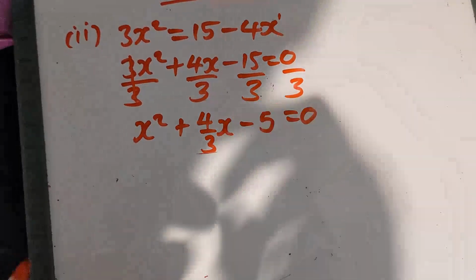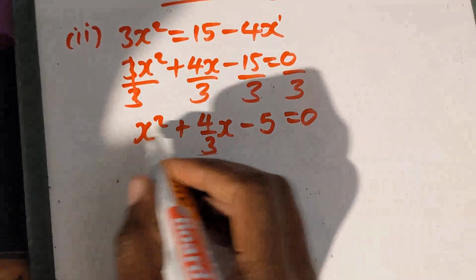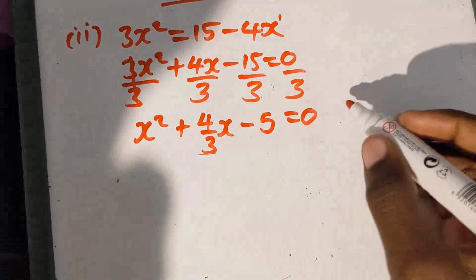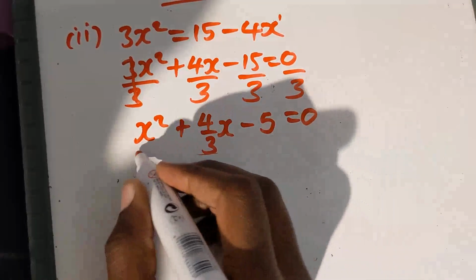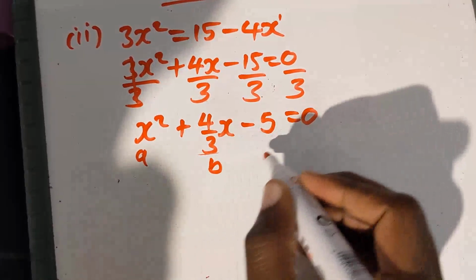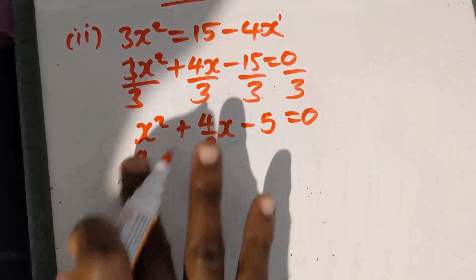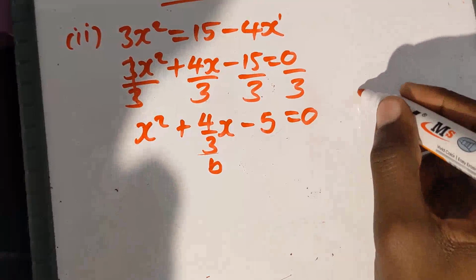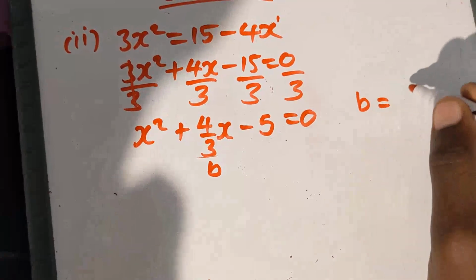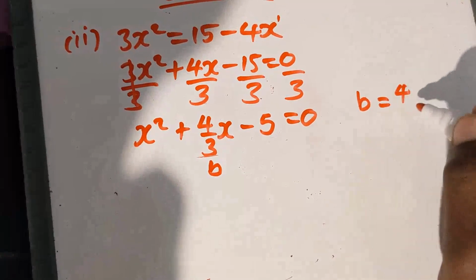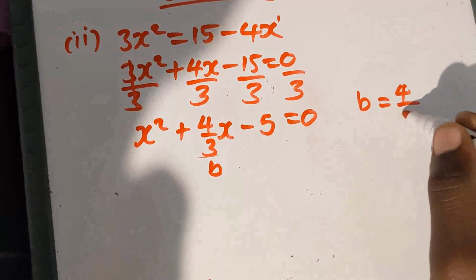All right, now from this quadratic equation, this is our A, this is our B, this is our C. We are only interested in our B. So our B is equal to 4 over 3.